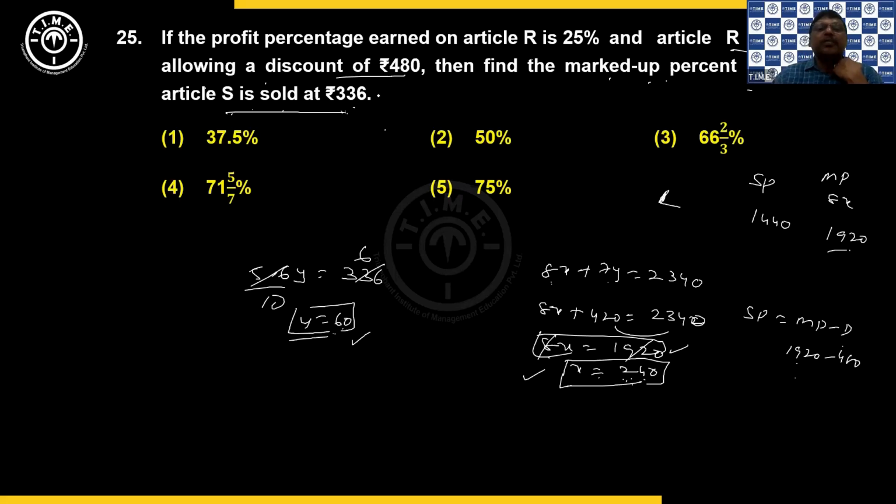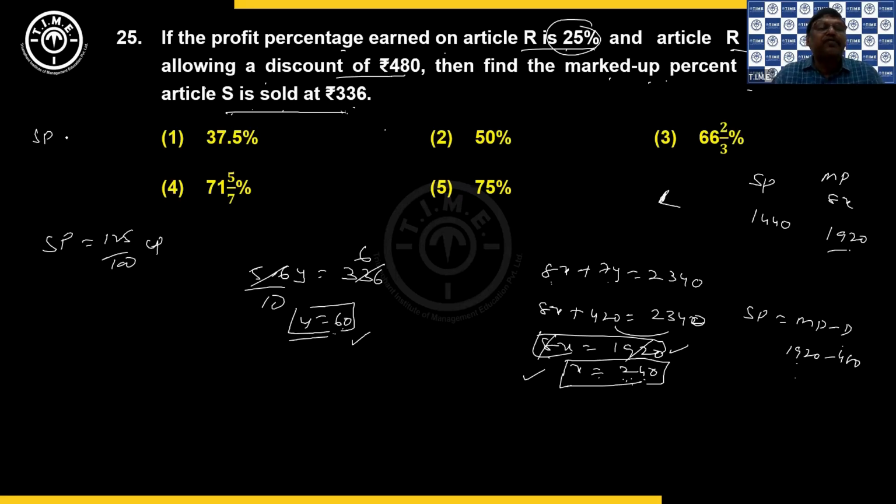But students, profit percent on R is 25%. If you are selling at a profit, you're selling at more than cost price. If I'm selling at 25% profit, it means 25% more than my cost price, or 125% of the cost price.